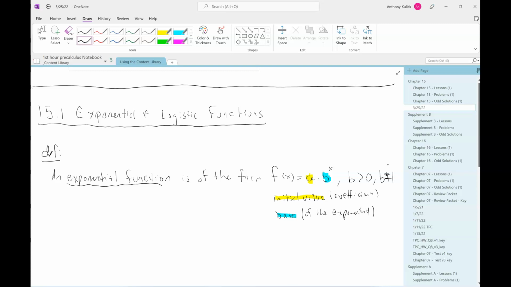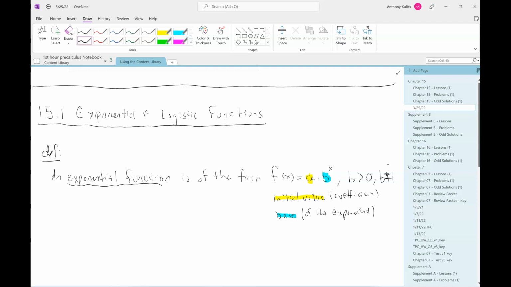Let's start with the 1 part. What would happen if b is 1? We would have a times 1 to the x, right? Everybody agree with that? And 1 to any power is equal to 1.